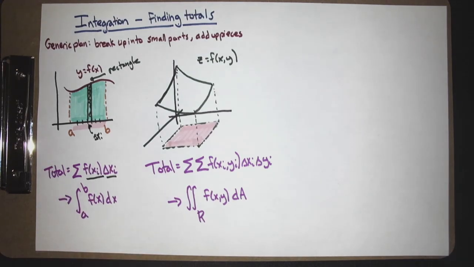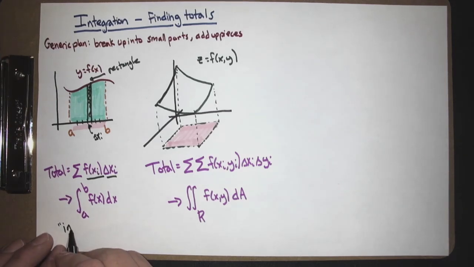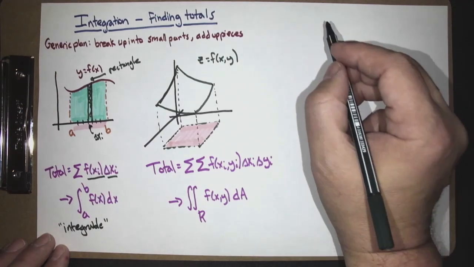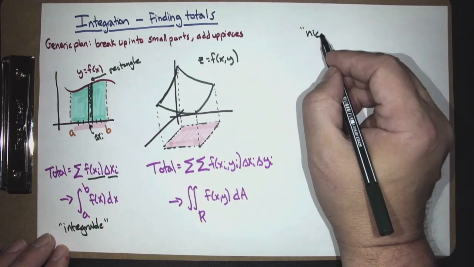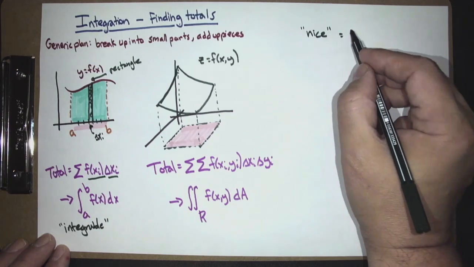And if we have a nice function, then this goes to a number, and we represent that number using this notation. And we'll talk about the phrase integrable. Generally speaking, what kind of functions are nice? The punchline is that for us, nice equals continuous.